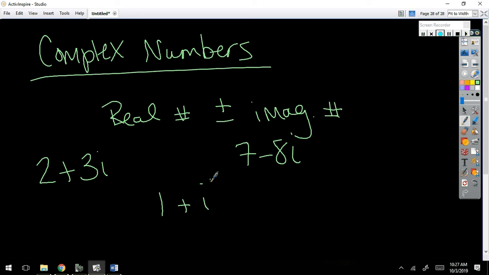Any of those are complex numbers. They have two parts. If you're missing the real part, then it's just an imaginary number. A couple of the little rules change a little bit. But if you're talking about complex, it's got two parts, a real part and an imaginary part. So we're going to talk about the operations with complex numbers and we'll be done.